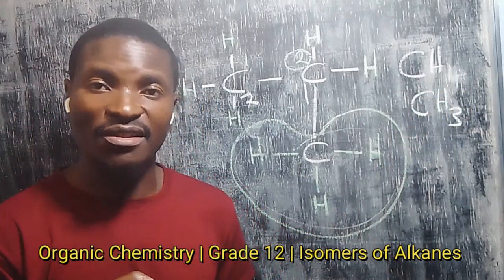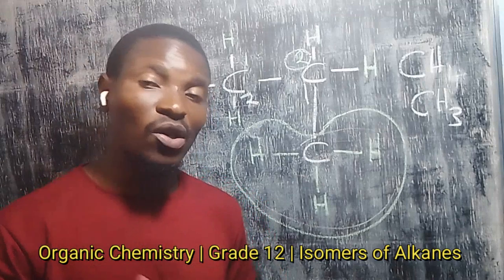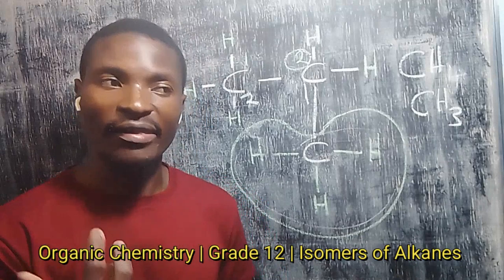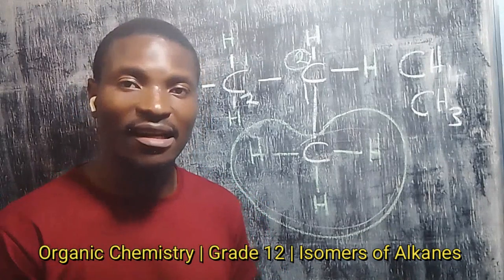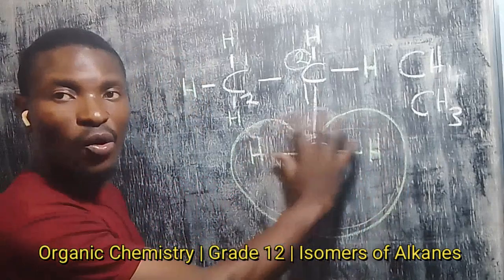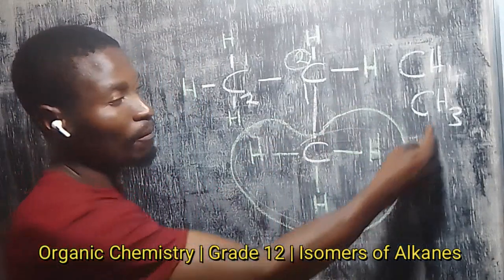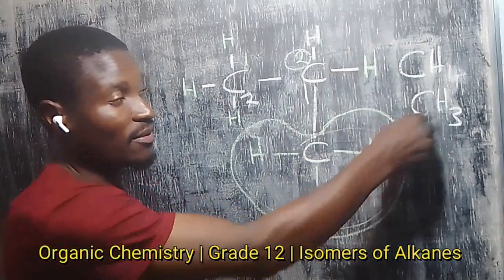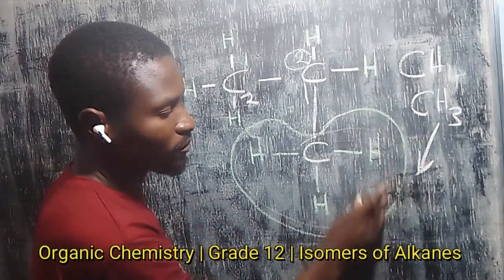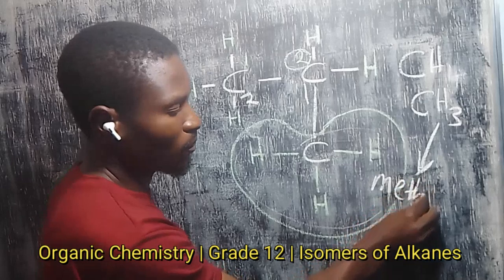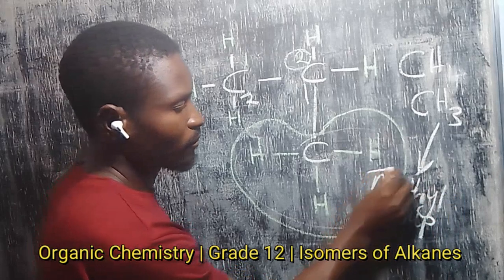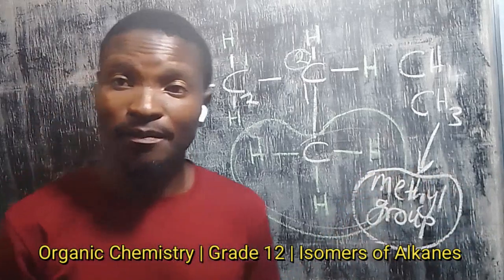Now, in organic chemistry, the CH3 is what we call the methyl group, a grouping that has a specific standard name. So if the branching off is of that kind of compound, in short a CH3 group, we call it the methyl group.